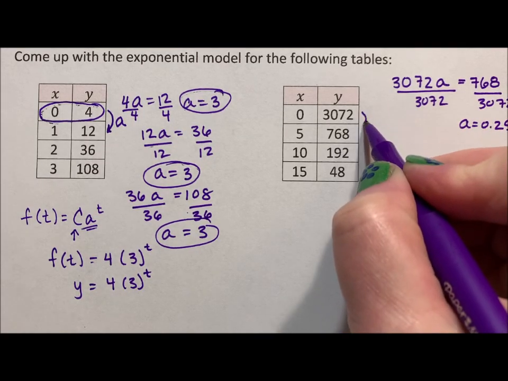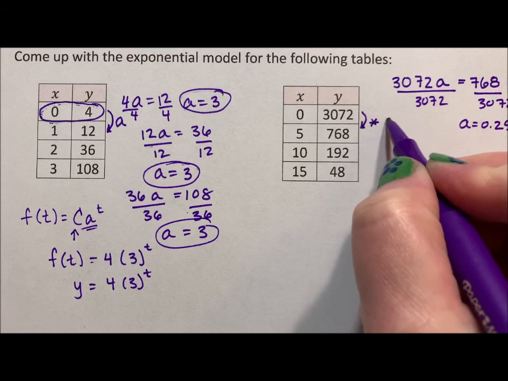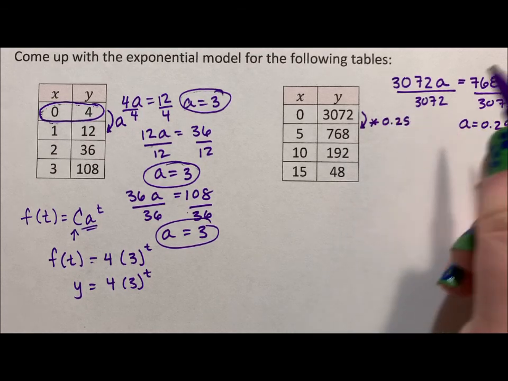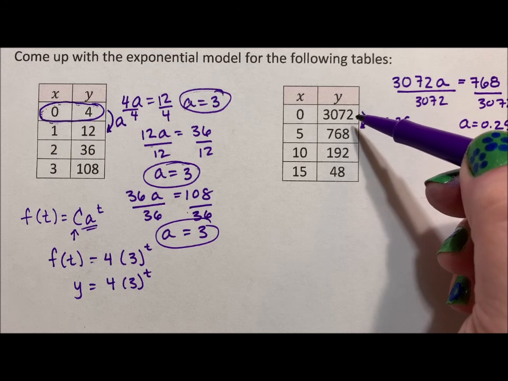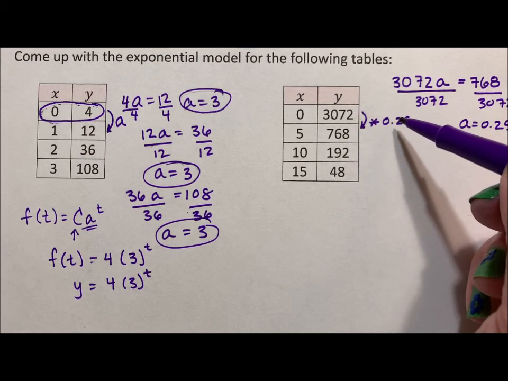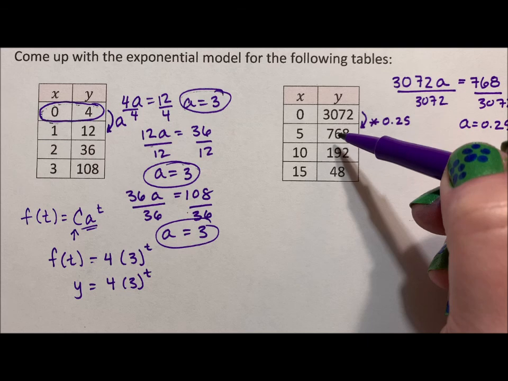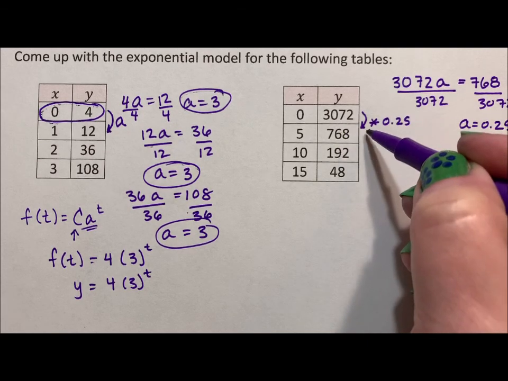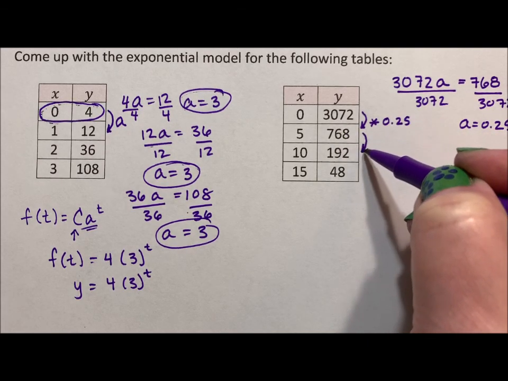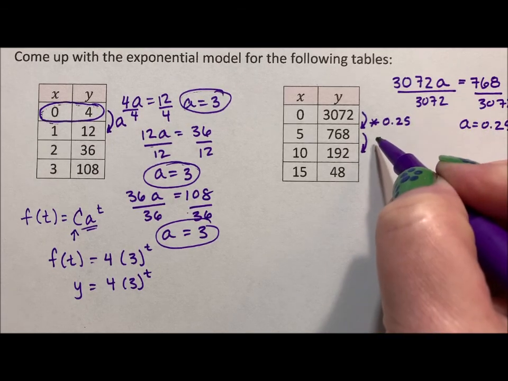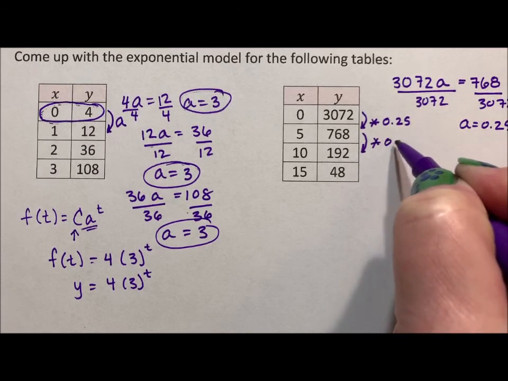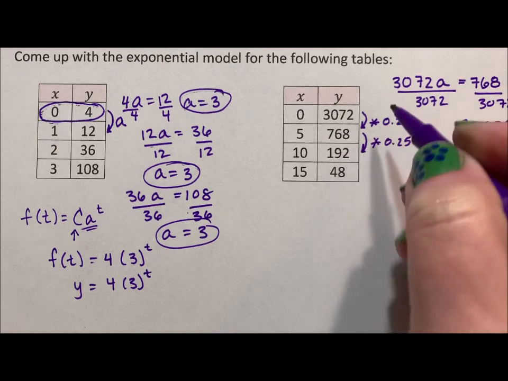Now, what we could do is, if we're multiplying by 0.25, if you put into your calculator 3072 equals, and then type times 0.25, you'll get 768. And then if you hit equals again, your calculator should automatically, most calculators, do answer times 0.25 and give you the 192.